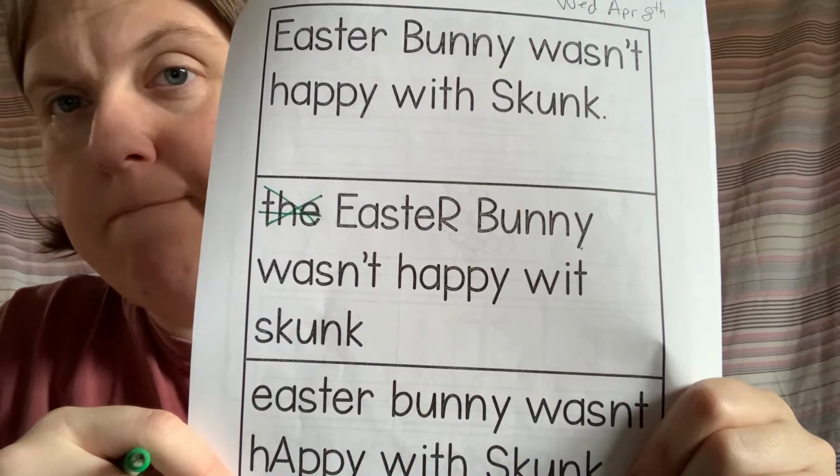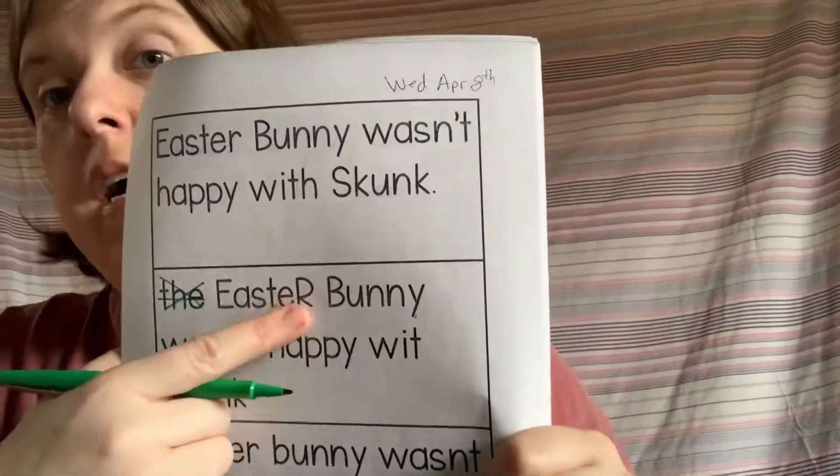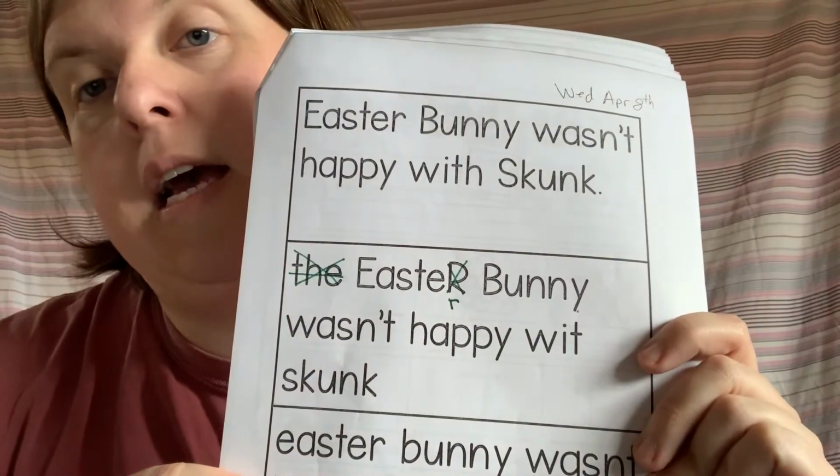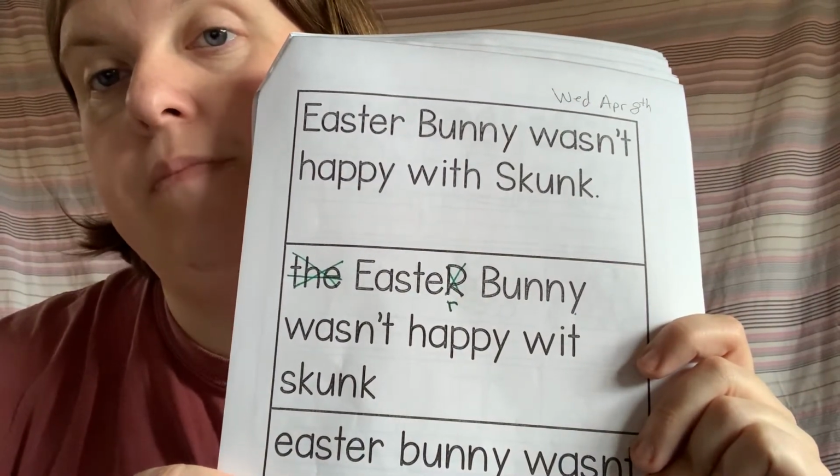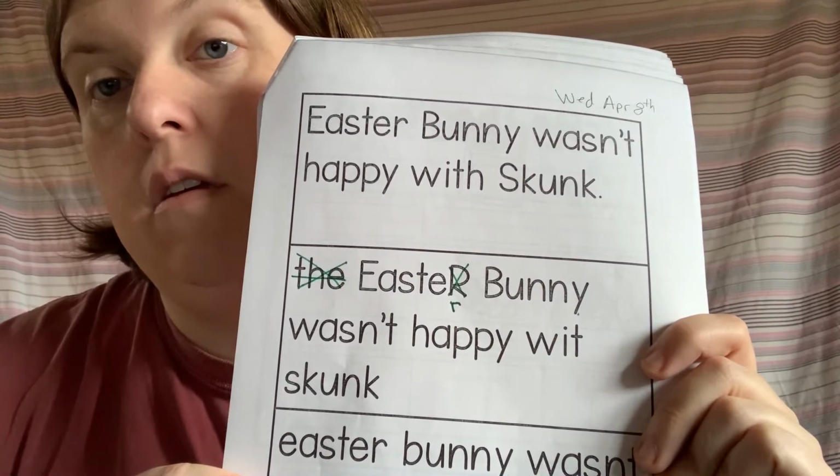Okay, what else do we see? Right, capital R in Easter. We don't have a capital letter in the middle of our word. Or that one's actually at the end. It should be a lowercase r, right? E-A-S-T-E, lowercase r. With. Good reading. What is wrong with with? Yeah, right now it says wit, right? We want it to say with. What two letters make the sound? T-H. Good.